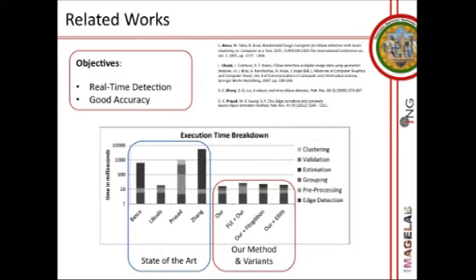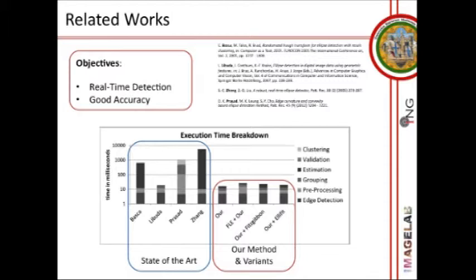So we want our system to detect in real time and with good accuracy. This is pretty new because, on a logarithmic scale, we can see that state-of-the-art methods run in about 1 second, while our system runs in 1 millisecond, in 10 milliseconds.